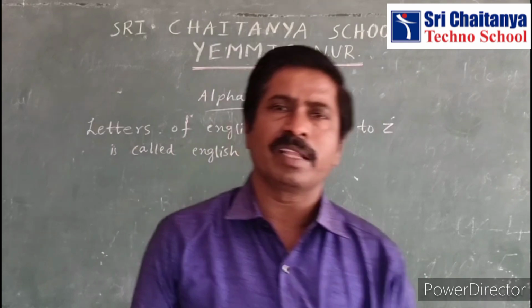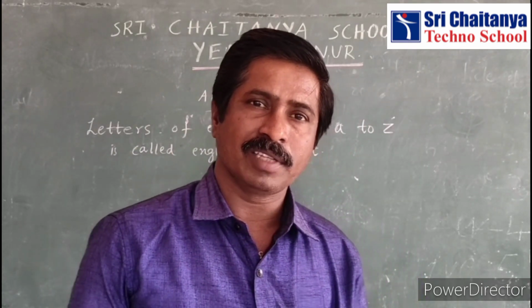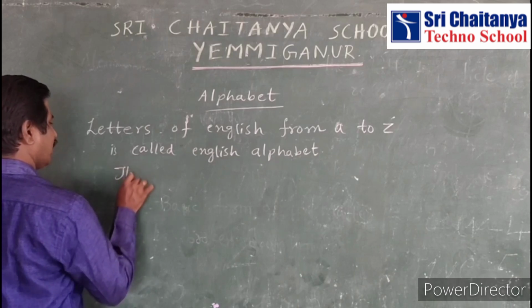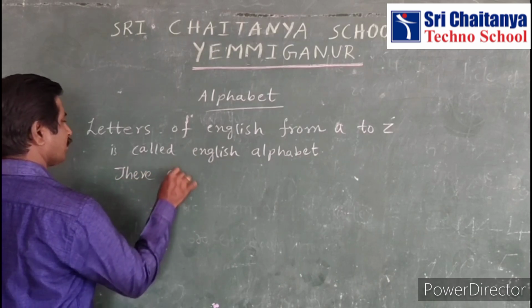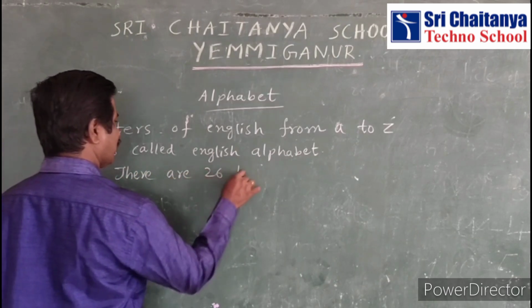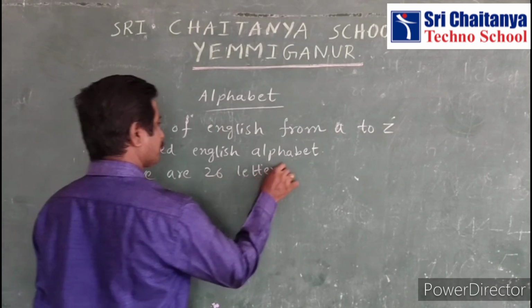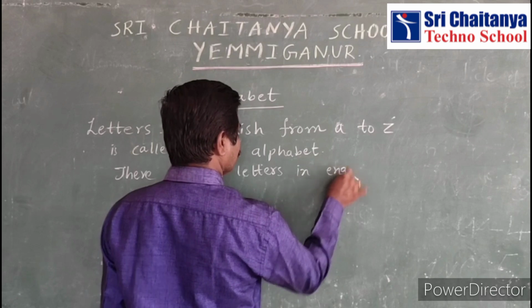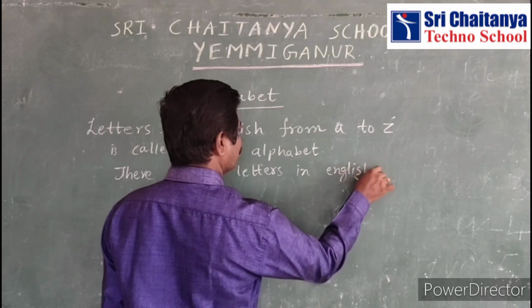How many letters are there in English? Yes, correct. There are 26 letters in English.